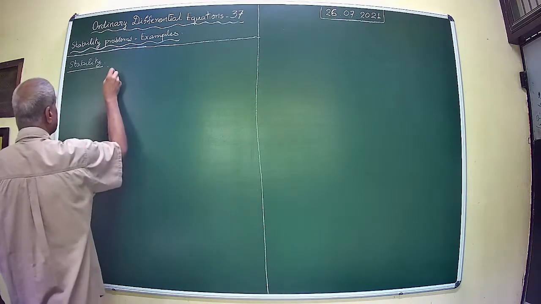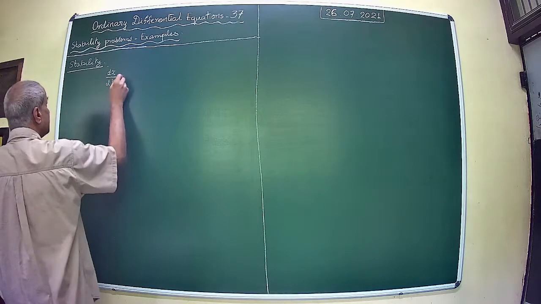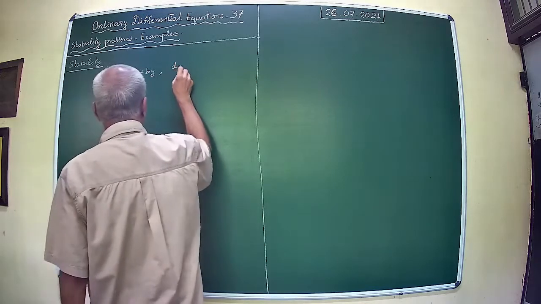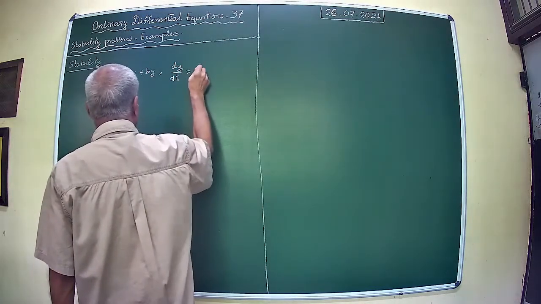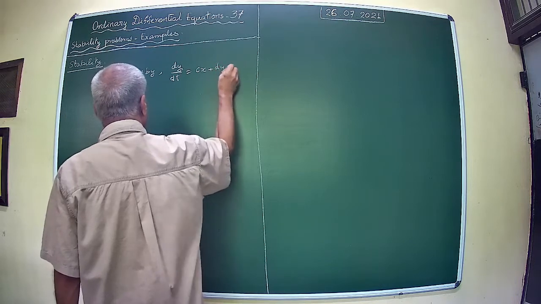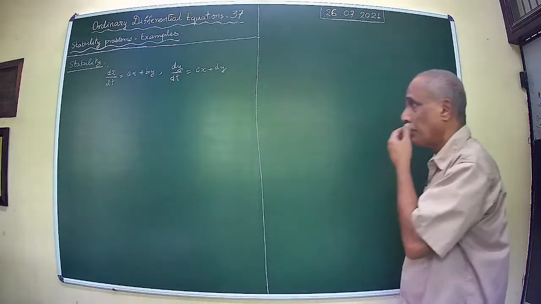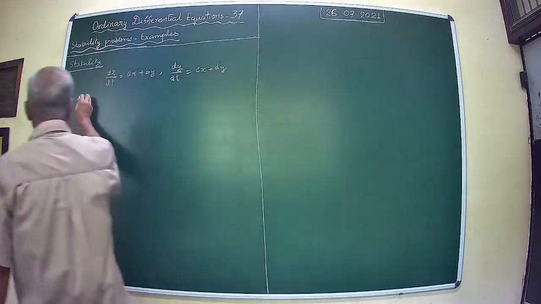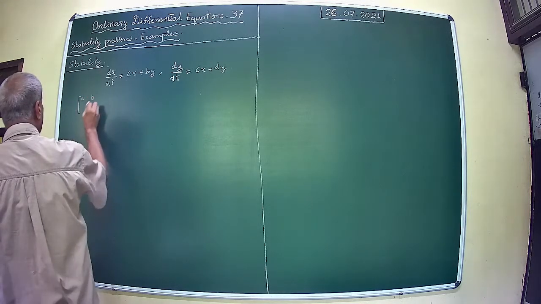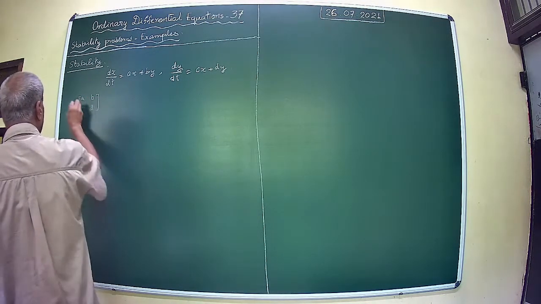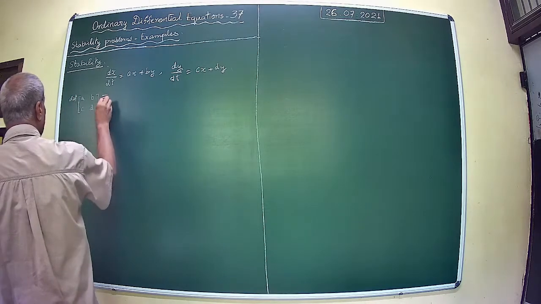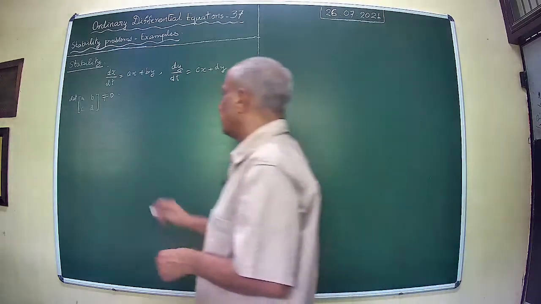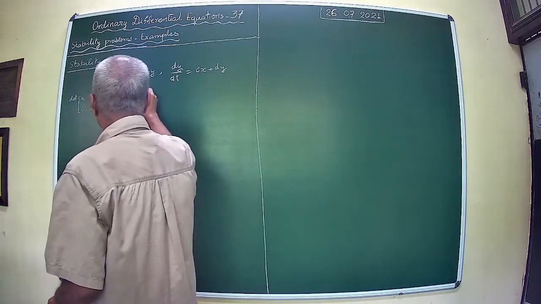Look at this, this is our system. Now with the assumption that the determinant of this is not equal to 0, which assures that (0, 0) is an equilibrium point, the only equilibrium point.